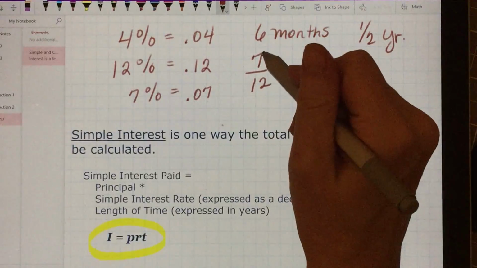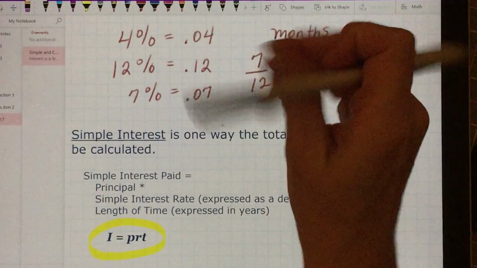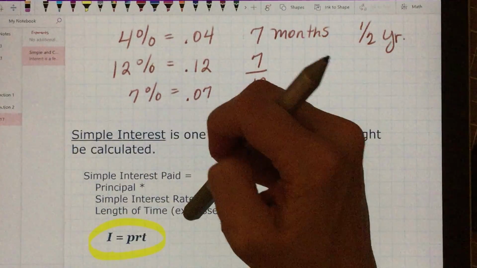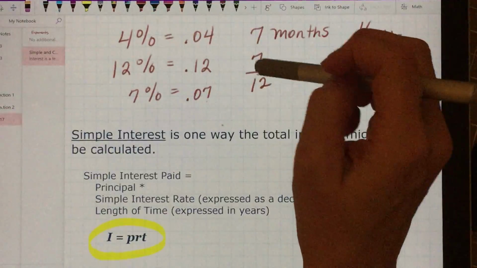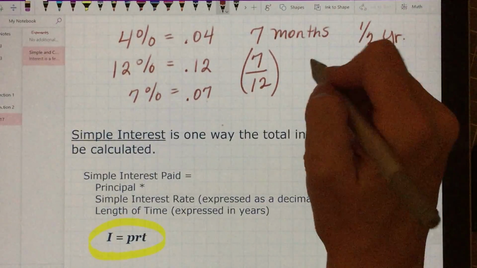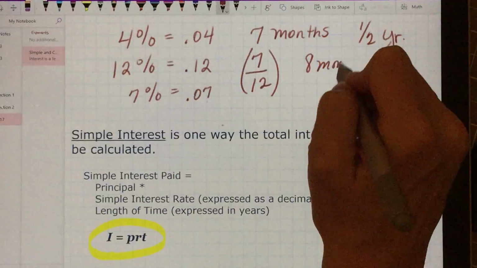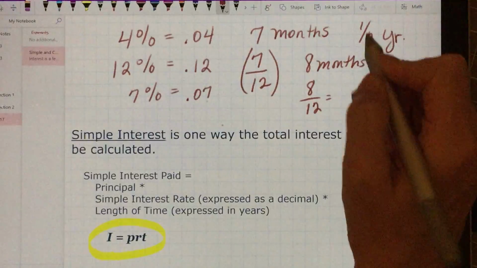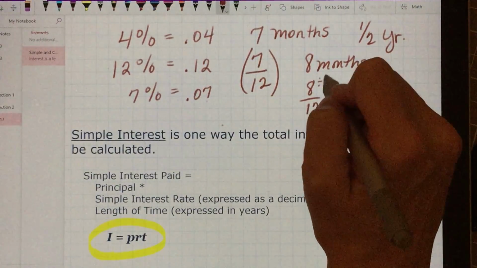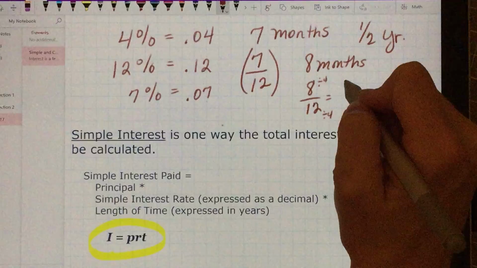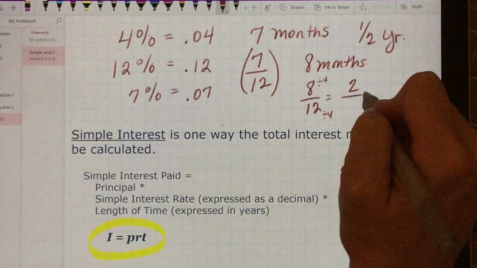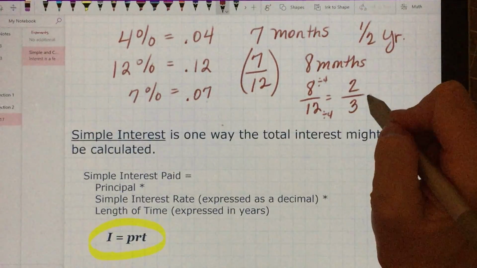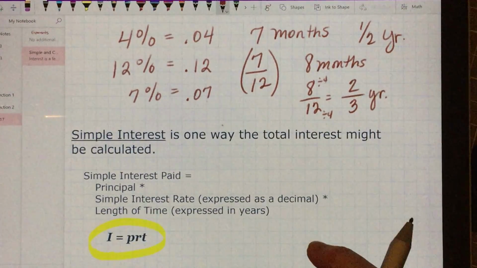So if the length of the loan is 7 months, you're going to use 7/12. If it's 8 months, you would use 8/12, which can be reduced by dividing the top and the bottom by 4. Your numerator becomes 2, the denominator becomes 3, and 8 months is 2/3 of a year.